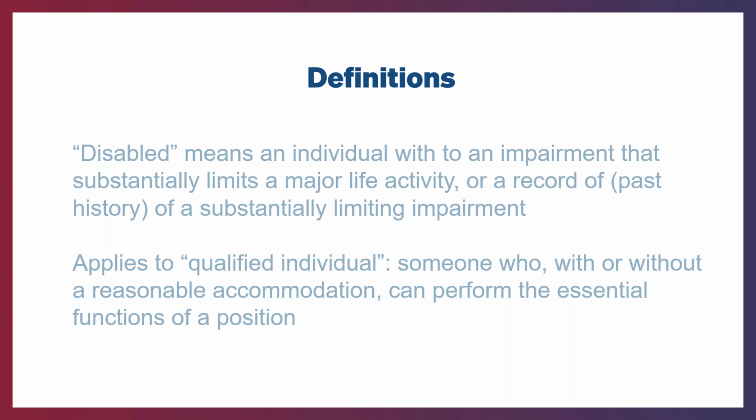It would be a little more nuanced than someone who begins the job and is using a mobility aid such as a wheelchair, and you know you need to install a ramp to the front door. So the definition of disability is much easier to meet now than it used to be.